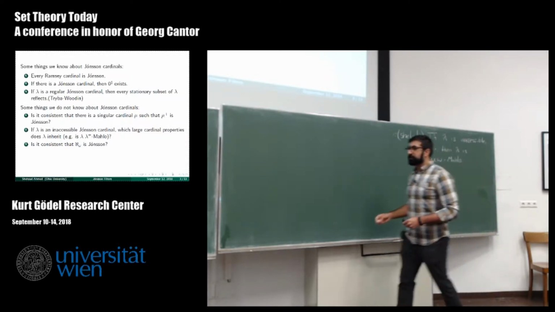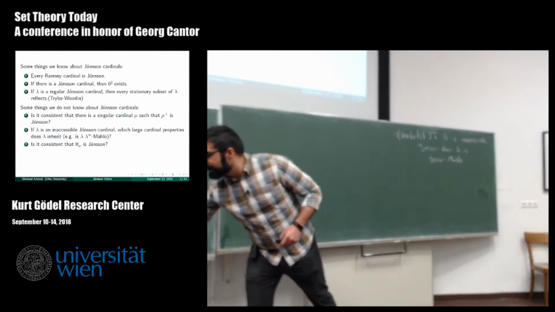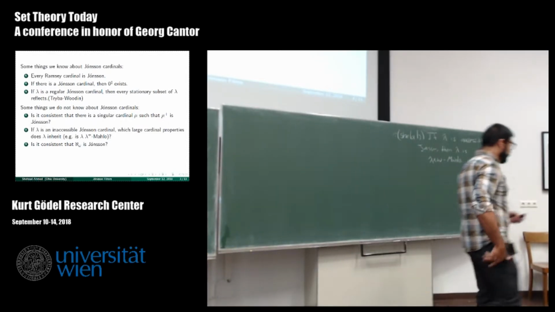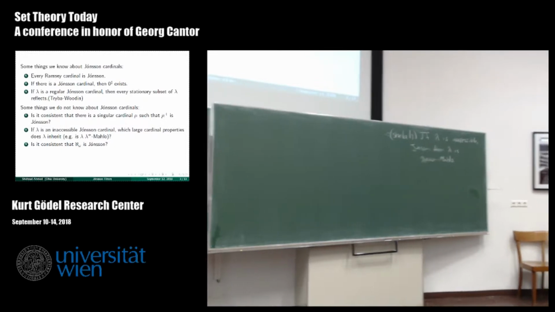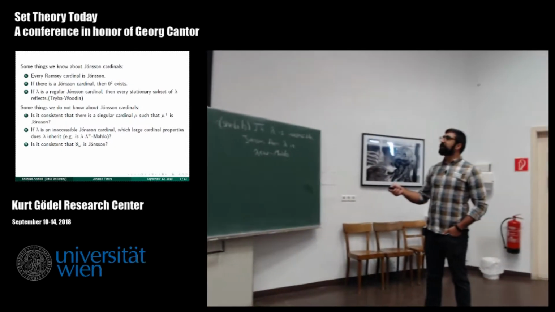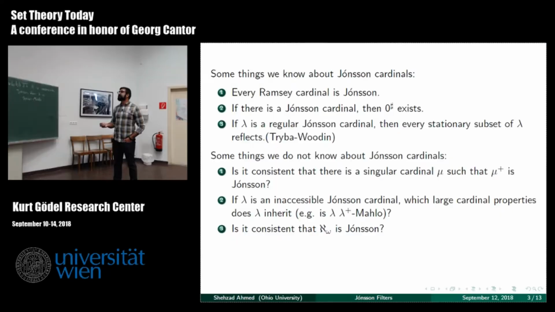And for those of you who have forgotten Mahlo degrees and how they work, which is totally understandable because I rarely see this nowadays, we'll discuss what that is in a minute. But this is a very large gap. And then there's this one I added just for fun: is it consistent that aleph omega is Jónsson? I have no idea about this problem. I know a lot more about the first two.